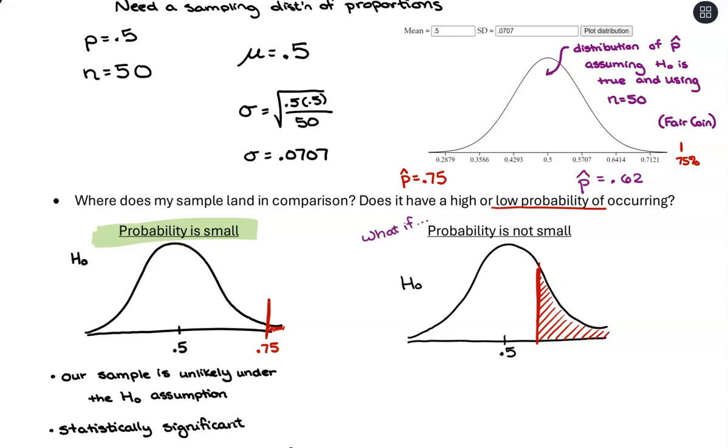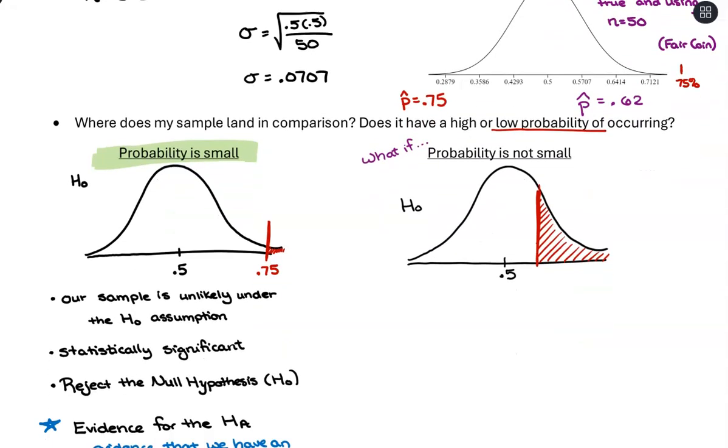We want to find the probability of that value or more extreme. And again, we'll talk about a cutoff for what's considered large versus small. But under this scenario where we're seeing a larger area come through, that means our sample is fairly likely under the null hypothesis assumption.